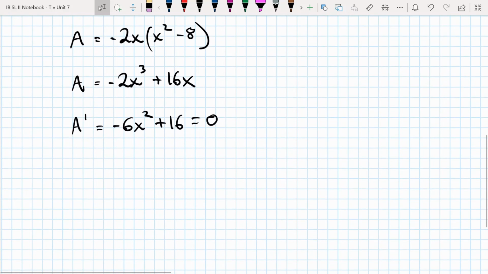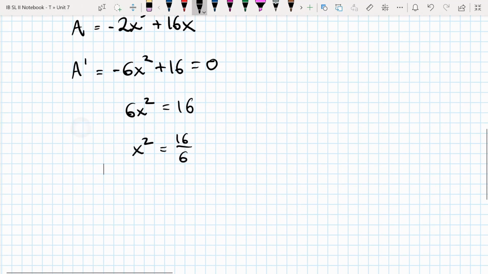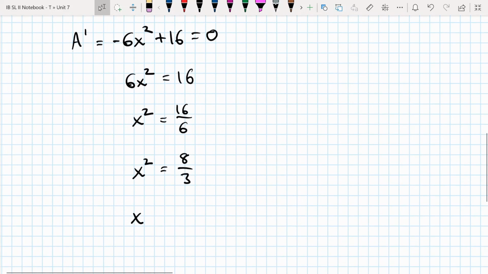Now let's solve this for x. So we can move the 6x squared to the other side. So we end up with the following. Divide by 6. Well, this is the same thing as x squared is equal to, if we divide by 2, 8 over 3. And so x is equal to plus or minus root 8 over 3.